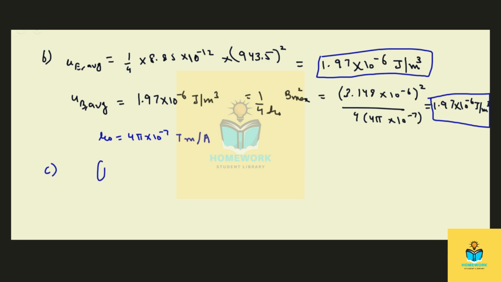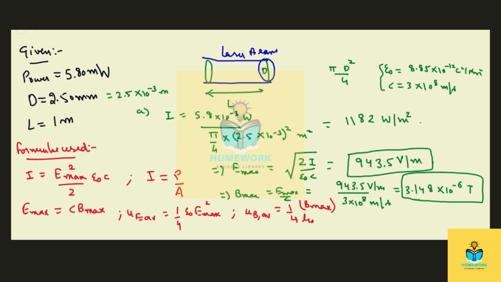So this is a kind of cylinder having length L and diameter D. So we know that the volume of the cylinder is equal to pi r square h, which is equal to pi d square over 4 times h. h is 1 meter, so that means pi d square over 4 meter cube, which is the same value as this one. So we use this value here.